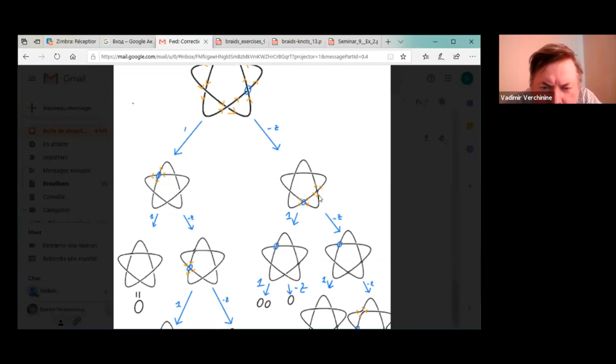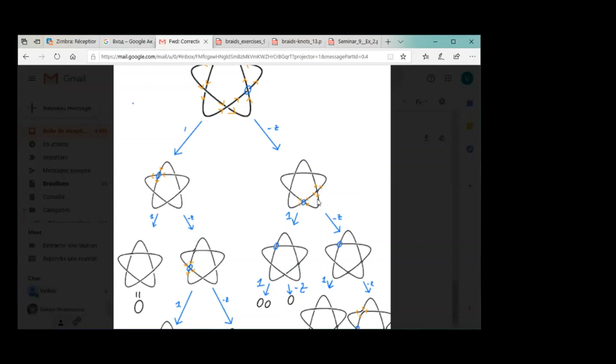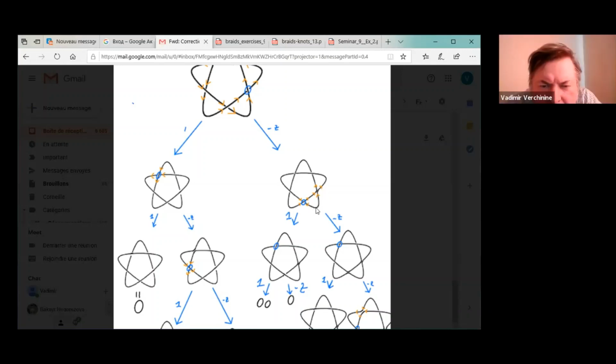Going this way, this way, this way, this way at first, this way, and this. So this will be one component, and then if we go this way, then this way, this way, this way, this way, it will be two components, right?